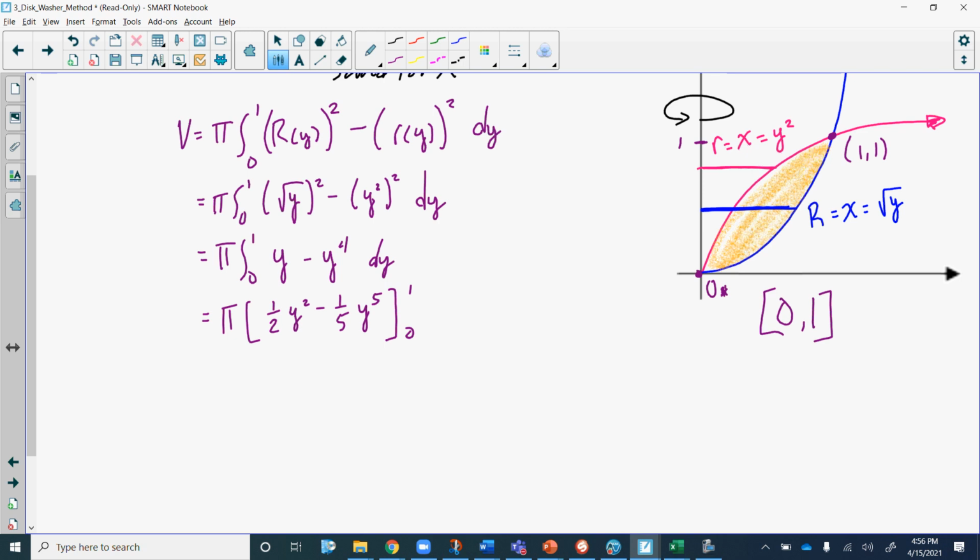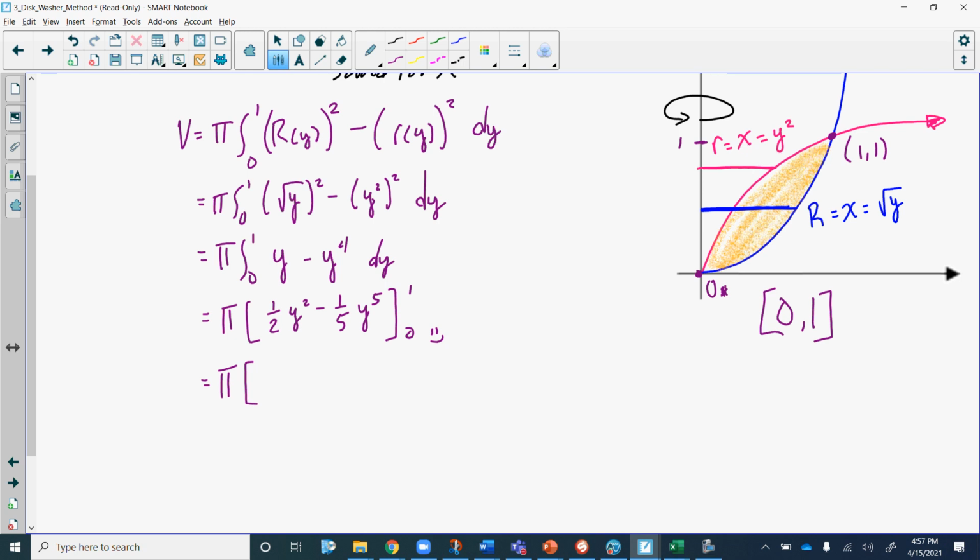In this case, I don't have a common factor or a constant that I could factor out. But I do like the fact that I have a lower bound that's 0, because substituting 0 will cancel out. Now I'm not going to shortcut this one. I will do the substitution of 0 just to illustrate it this time, because this is our first one where we have the difference of two things.